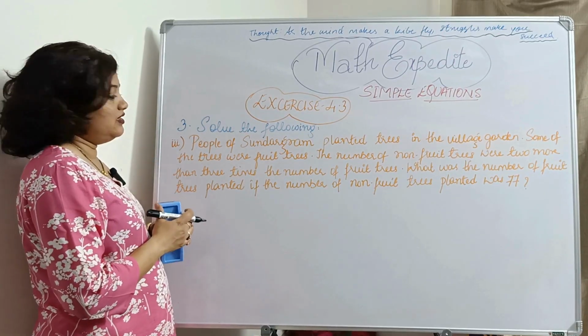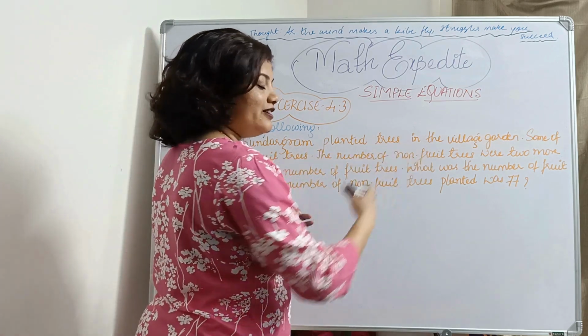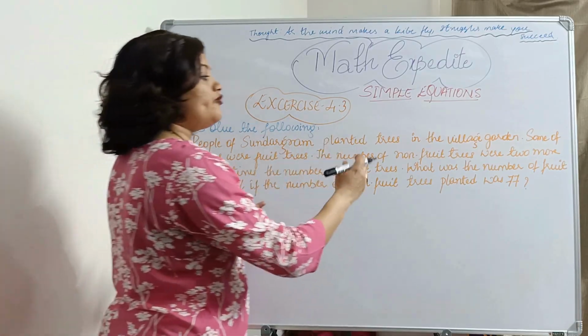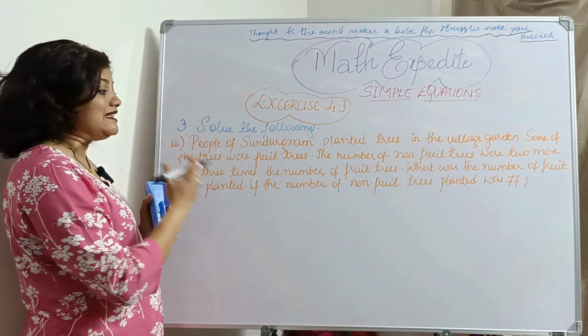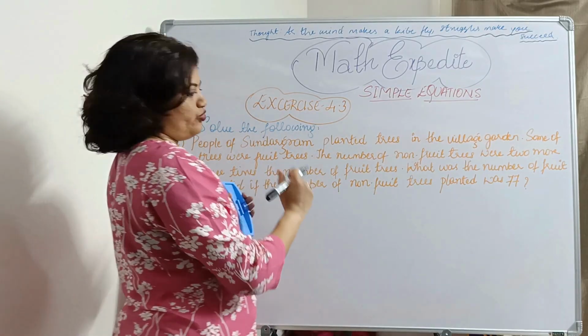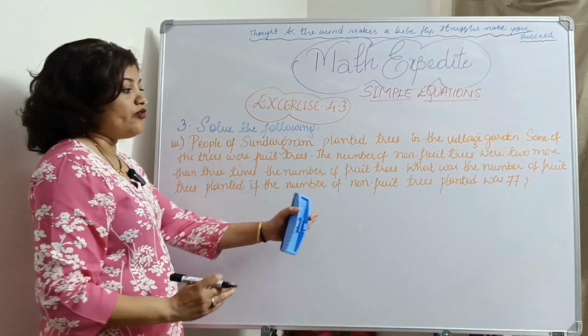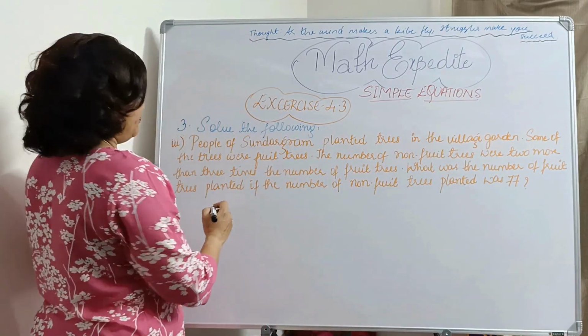Coming to the next question. People of Sundargram planted trees in the village garden. Some of the trees were fruit trees. The number of non-fruit trees was 2 more than 3 times the number of fruit trees. So what was the number of fruit trees planted if the number of non-fruit trees planted was 77? Let us find out.